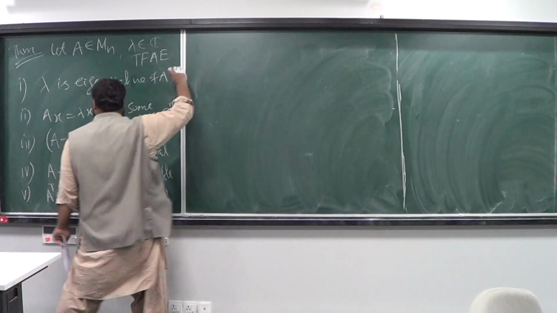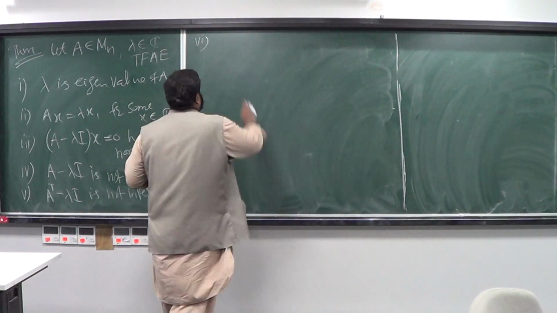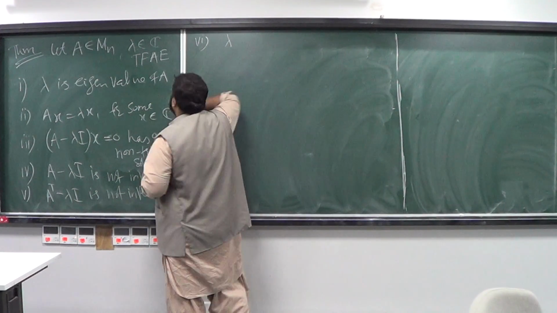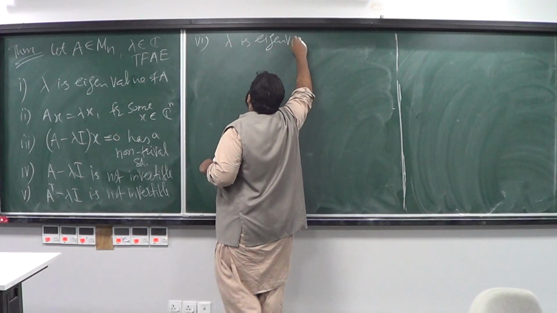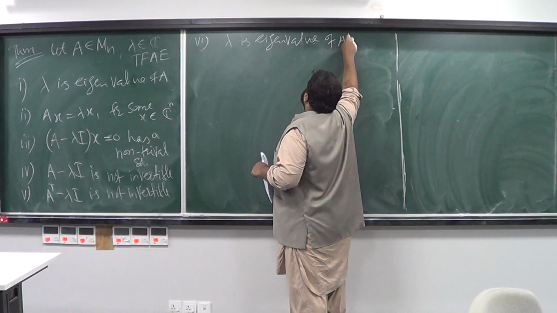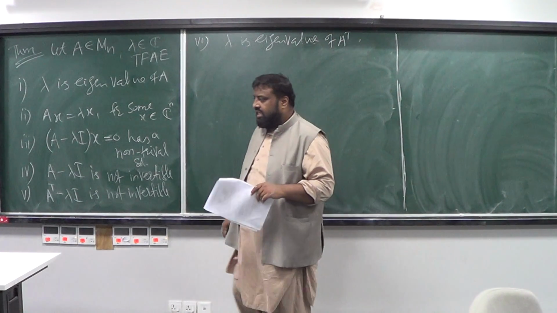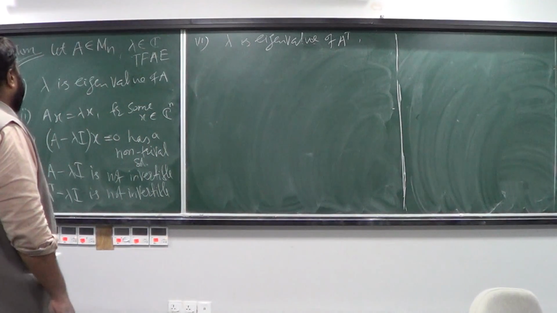And really the sixth characterization is that if lambda is an eigenvalue of A, lambda is an eigenvalue of A transpose as well. So these are some of the characterizations of lambda being an eigenvalue of A.